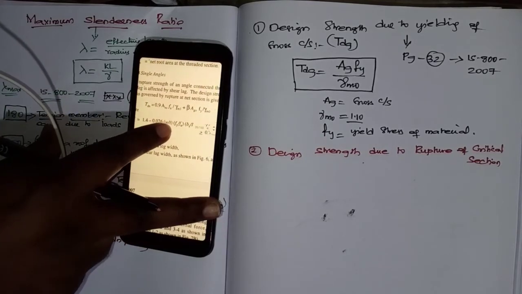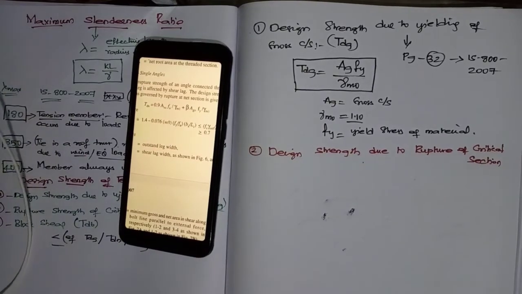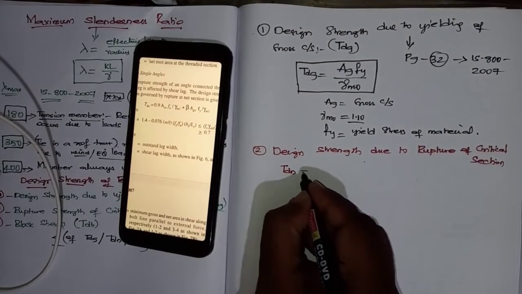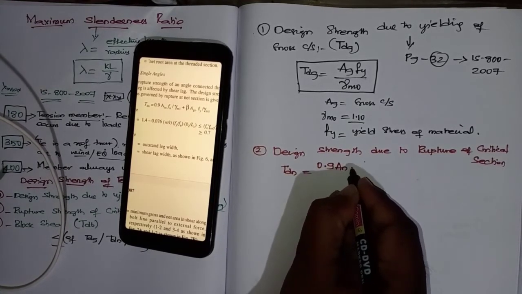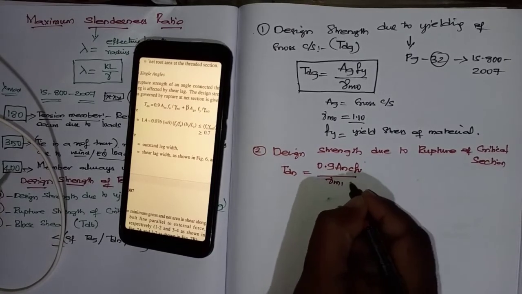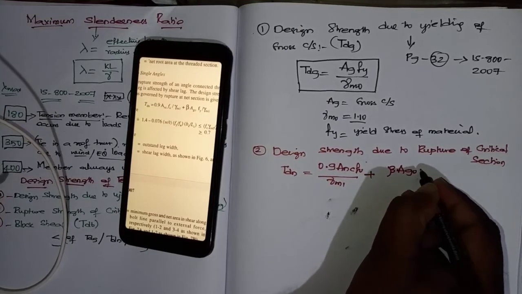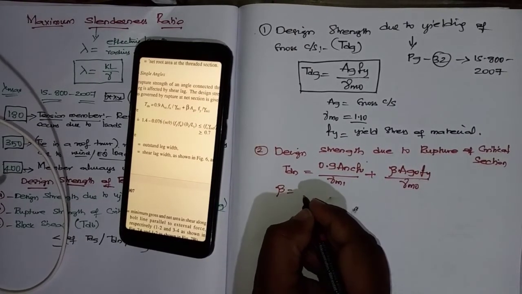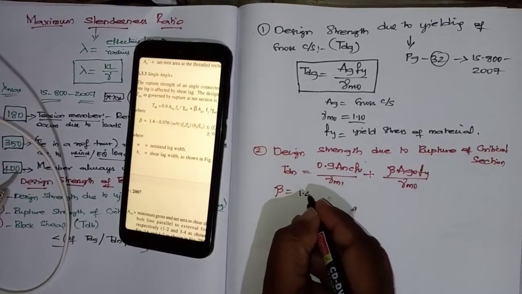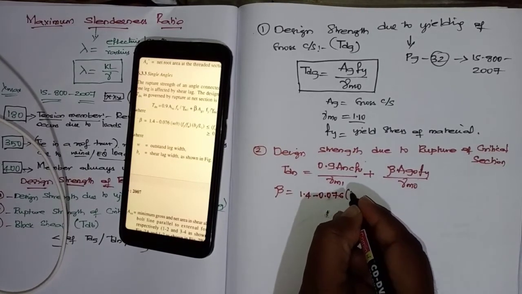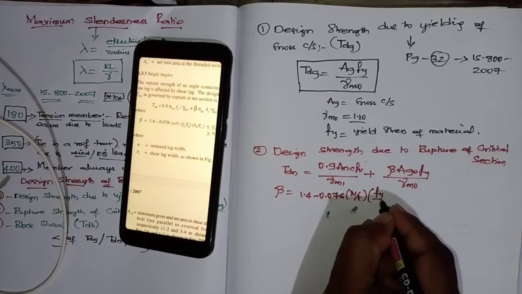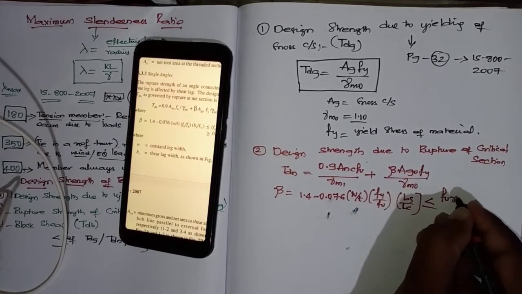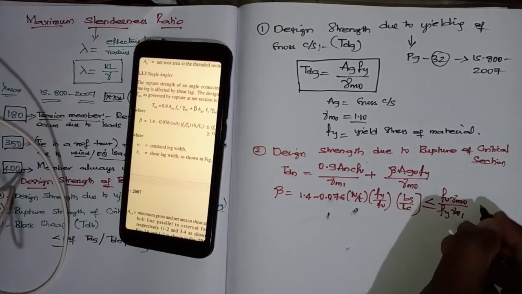If you can see, how it is denoted: it is denoted by TDN, which equals 0.9 ANC Fu by gamma M1 plus beta AGO Fy by gamma M0, where beta equals, very big formula is there, that is 1.4 minus 0.076 into W by T into Fy by Fu into Bs by Lc, which should be less than or equal to Fu gamma M0 by Fy gamma M1, and greater than or equal to 0.7.